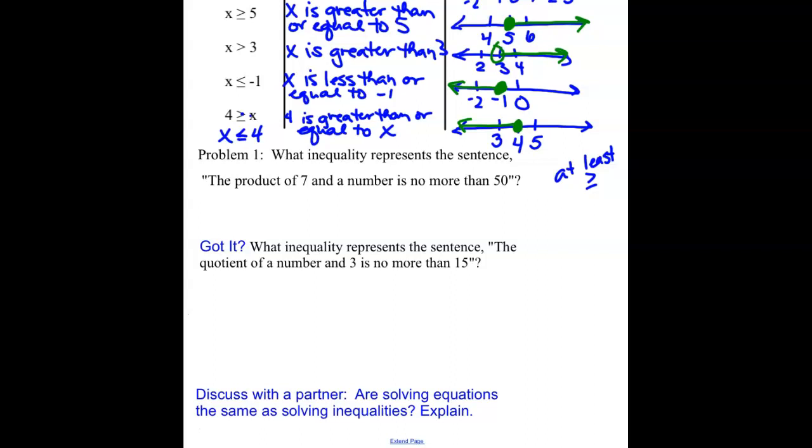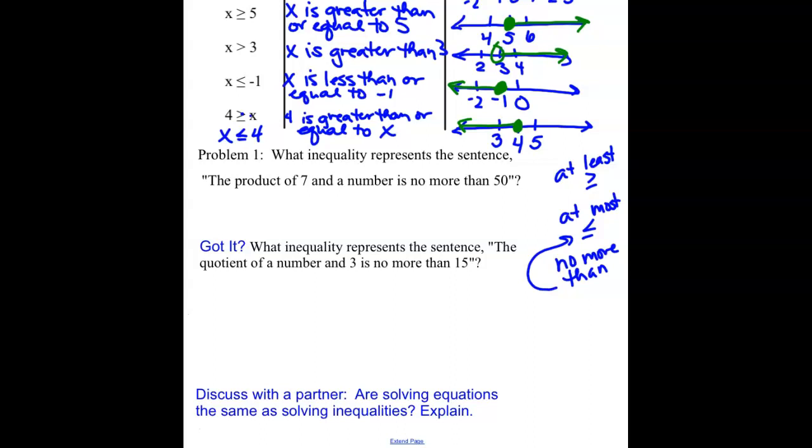So greater than or equal to. At most means that's the highest it can be. So we want something to be less than or equal to that number. You could also have something like no more than. All right, that would be the same symbol, less than or equal to.